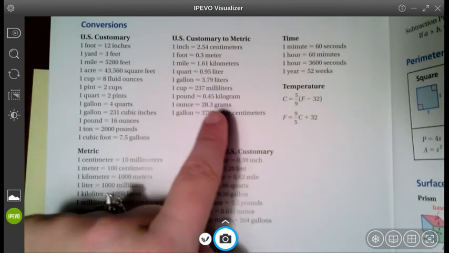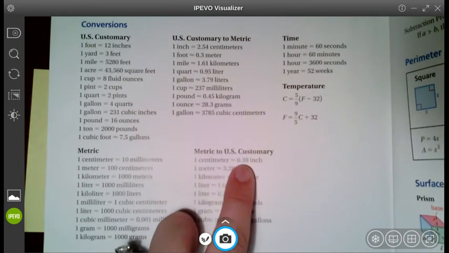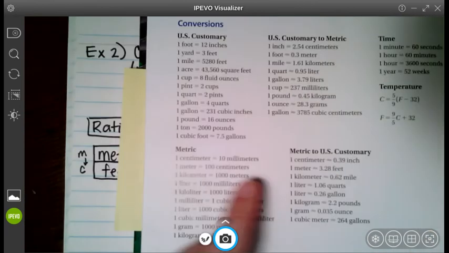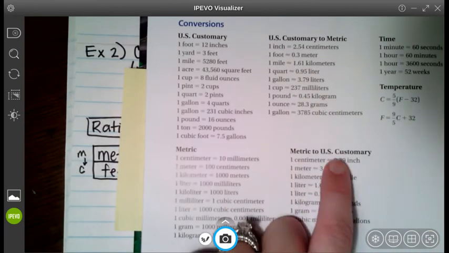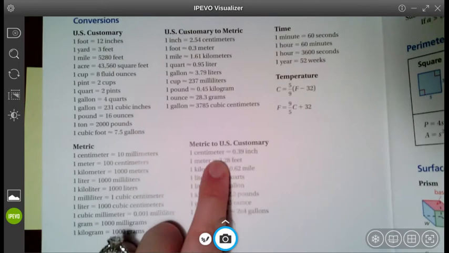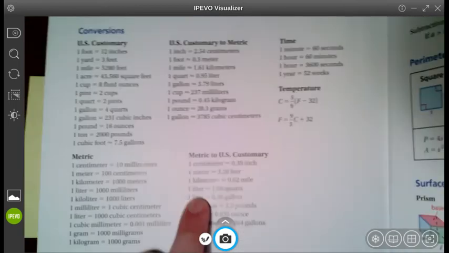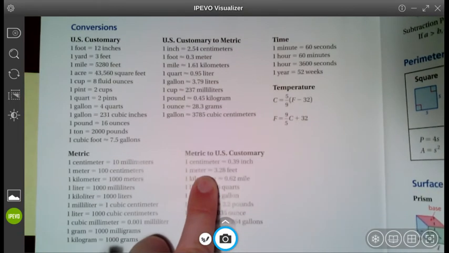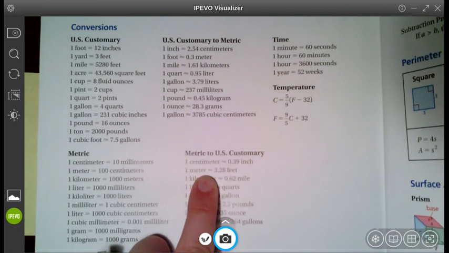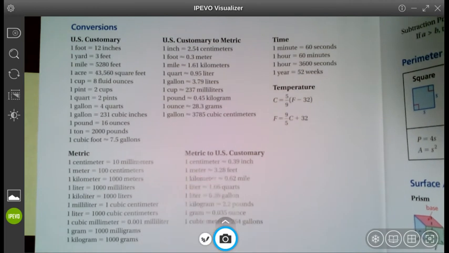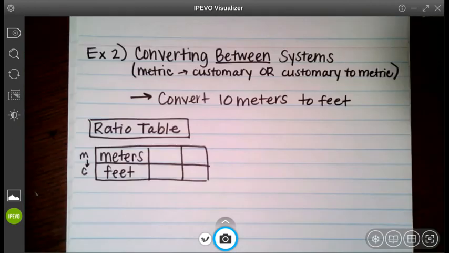Okay, here's customary to metric. I'm going to go with metric to customary, right? M to C, M to C. So again, I need meters to feet. Okay, well, 1 meter is about, remember that squiggly line means approximately, 1 meter is approximately 3 and 28 hundredths feet, I'm sorry.